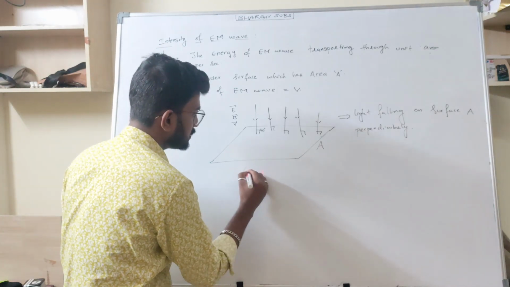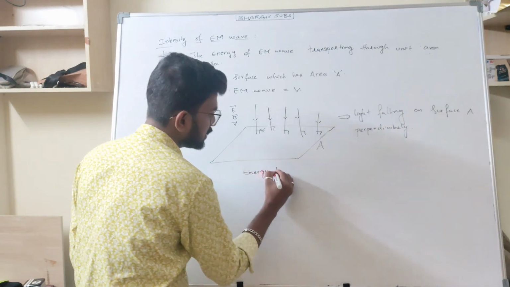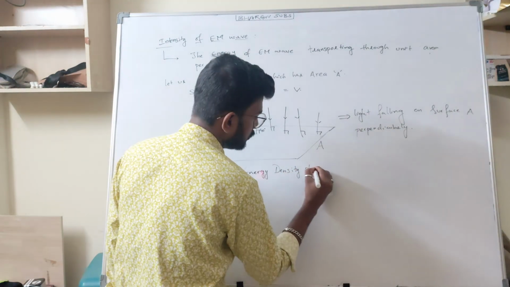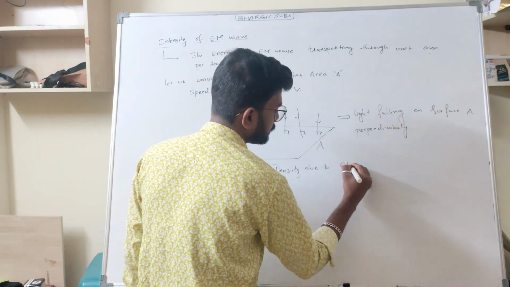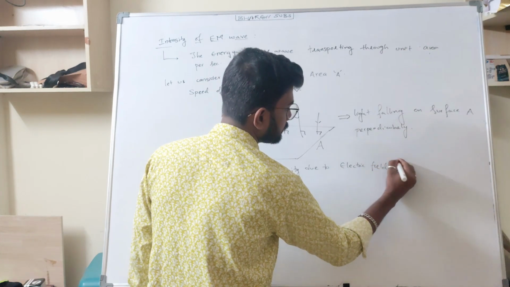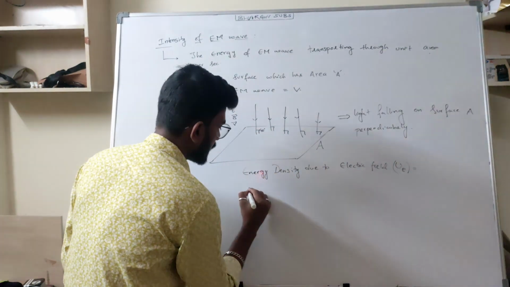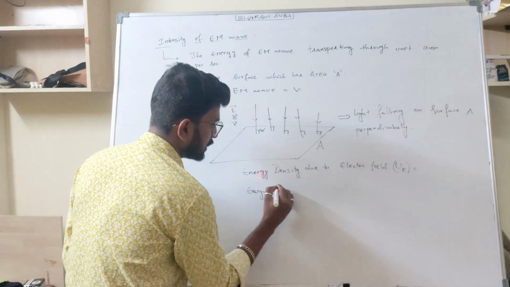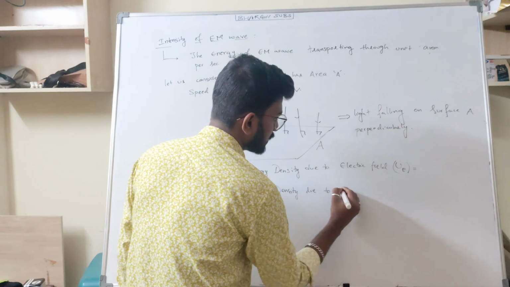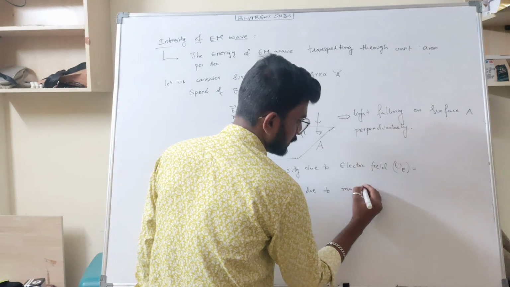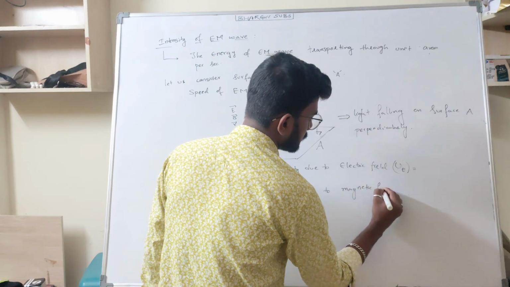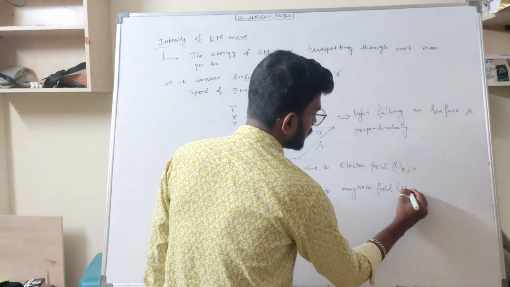Okay, so energy density due to electric field, UE is equal to energy density due to electric field. And for magnetic field, energy density due to magnetic field, UB.